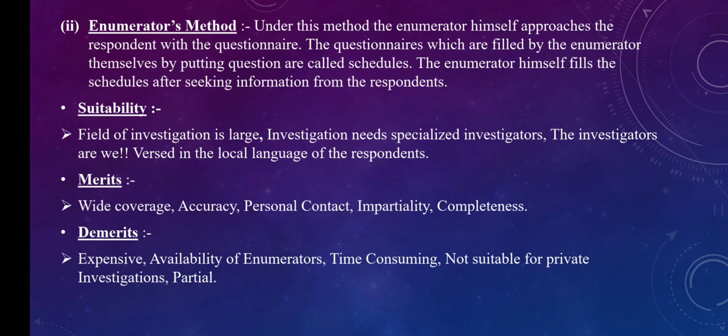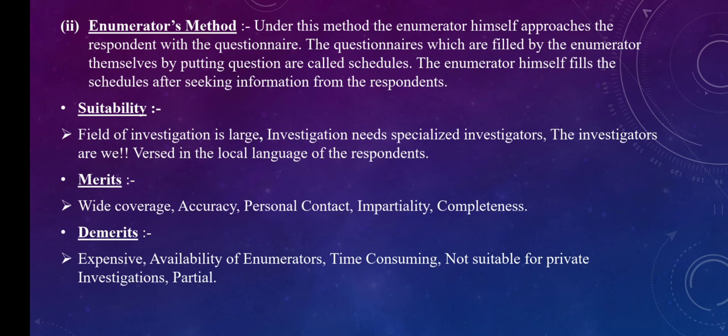So under the enumerators method, the enumerator himself approaches the respondents with the questionnaires. The questionnaires which are filled by the enumerators are called schedules. So under this method, the enumerator himself fills the schedules after seeking the information from the respondents. The enumerator will take the questionnaire along with him or her.